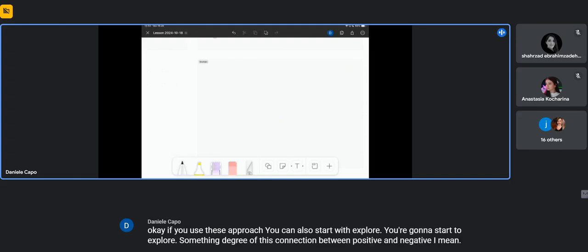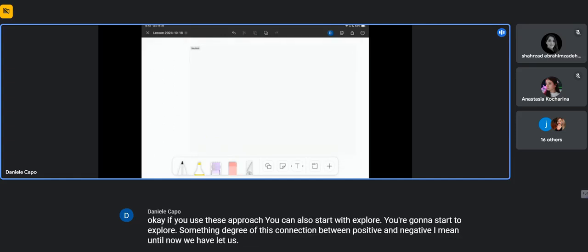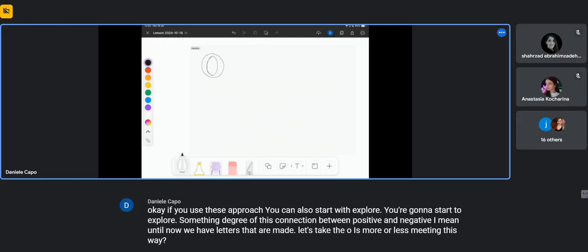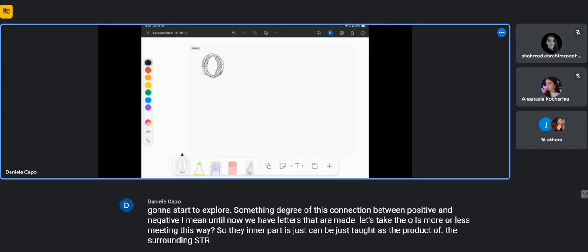I mean, until now we have letters that are made... let's take the O. It is more or less made in this way. So the inner part can be just thought of as the product of a surrounding stroke.